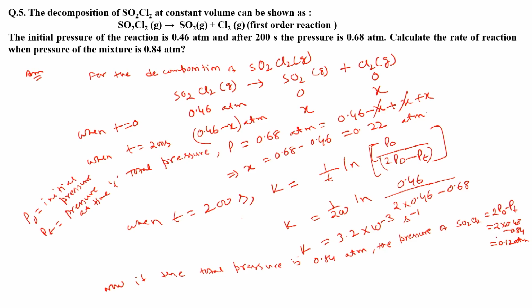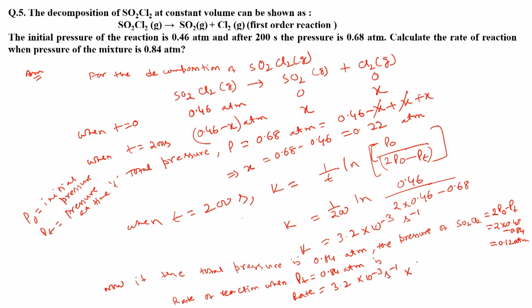Okay. So the rate of reaction when Pt is 0.84 atmosphere is the rate constant, 3.2 times 10 to the minus 3 second inverse, times the pressure of SO2Cl2, because this is a first order reaction with respect to SO2Cl2.